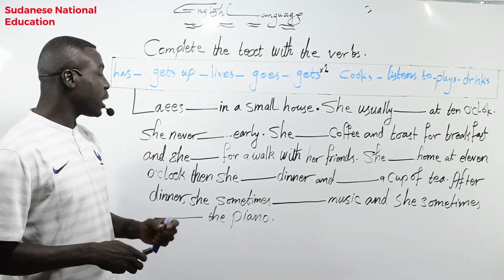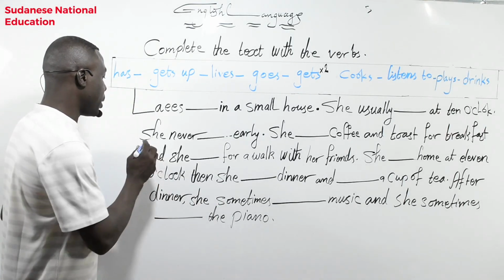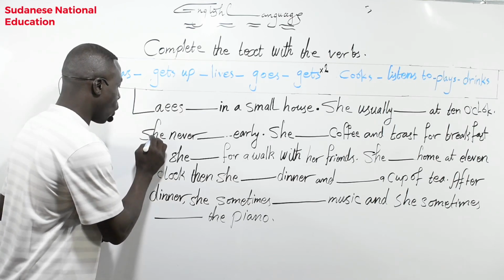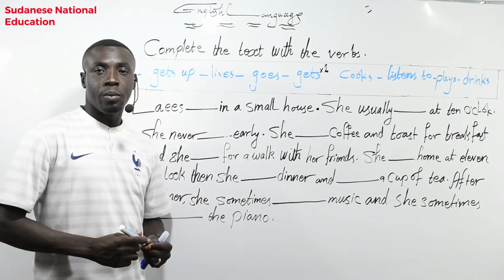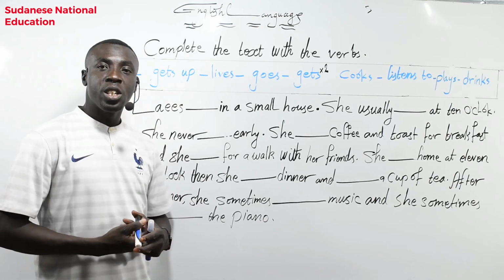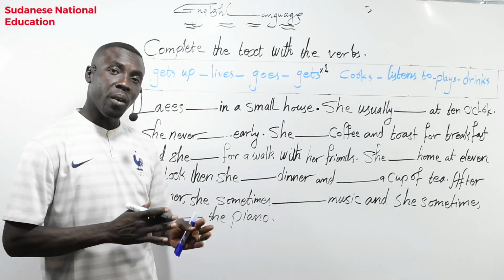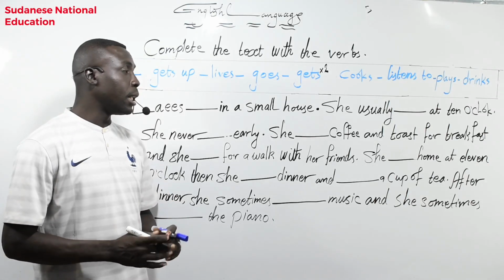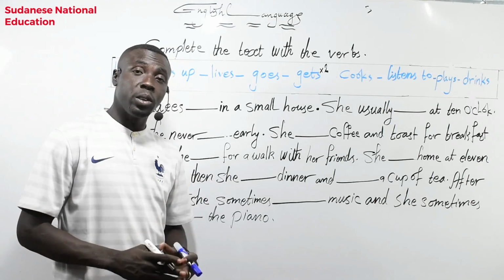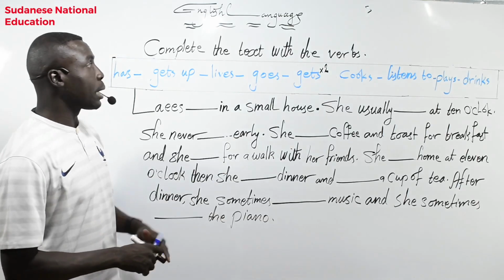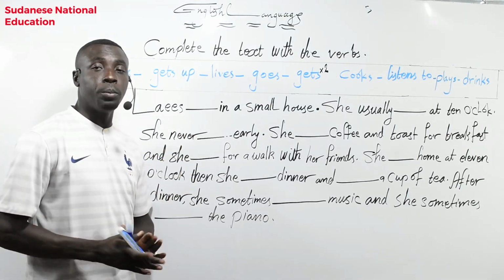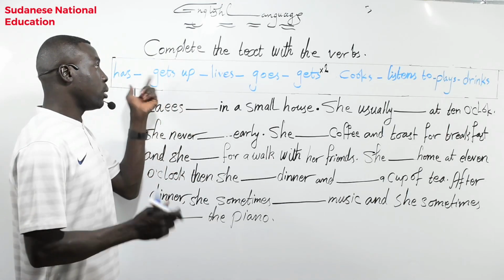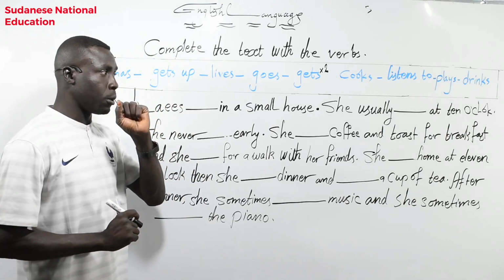So this is the text about Lemise. What does Lemise do every day? This is her schedule. Let us complete the text with the correct form of the verb from these verbs.